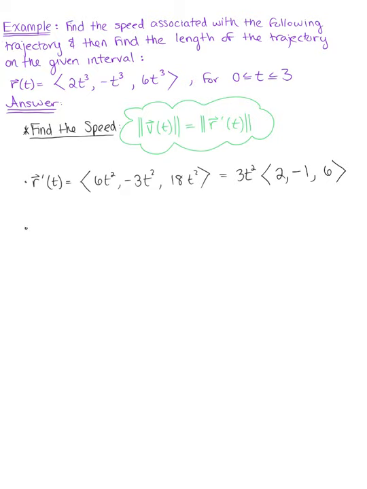So now we're ready to go ahead and find the magnitude. We can keep that scalar multiple on the outside, 3t squared. And then this is going to give us the square root of 2 squared plus negative 1 squared plus 6 squared.